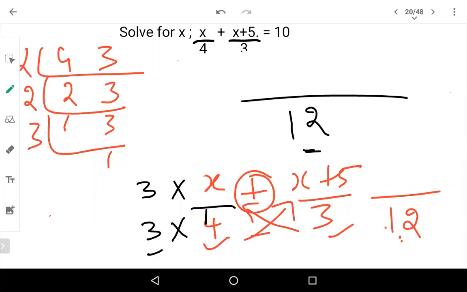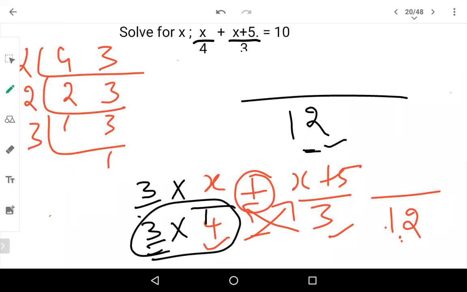So I will multiply 3 to the denominator as well as numerator. My denominator 4 3s are 12 is already present. So numerator 3 into x is 3x. Understood? Did you all understand the first part of the equation? I want everybody to reply.